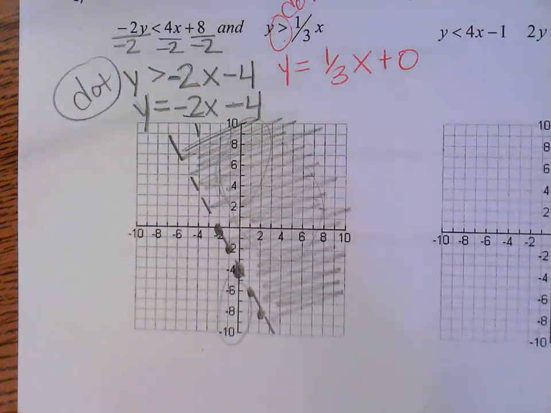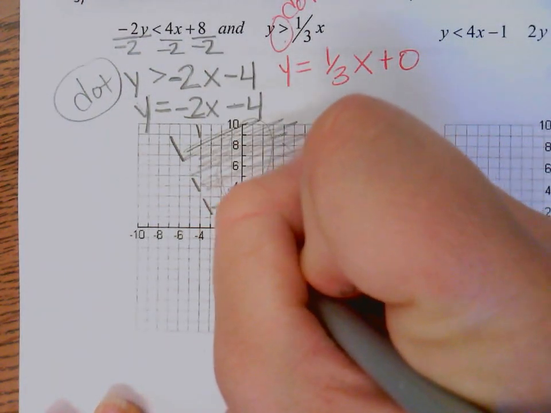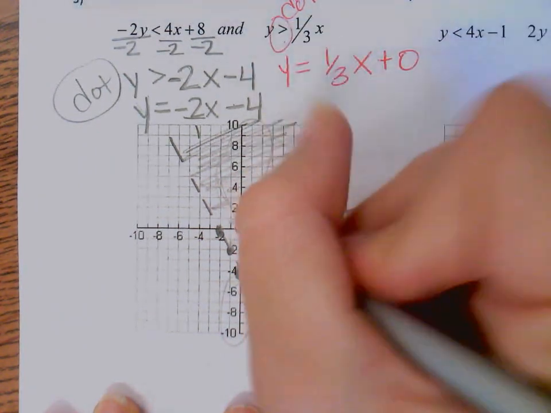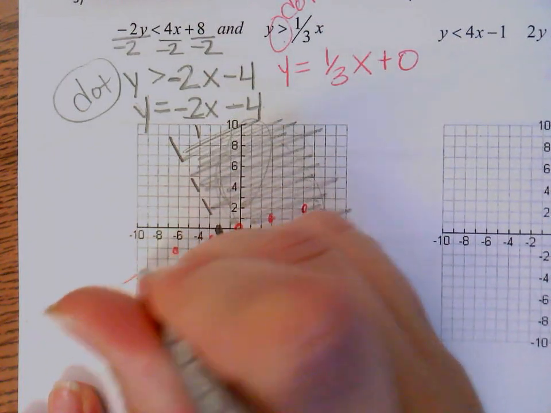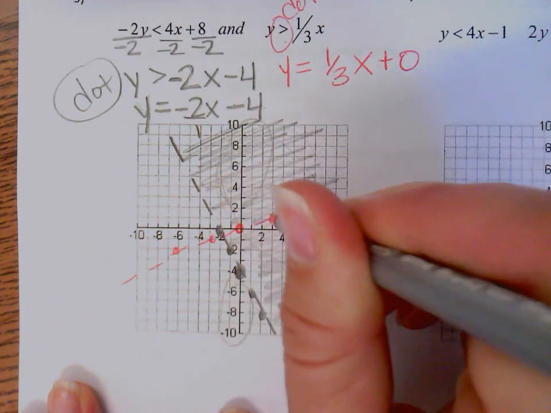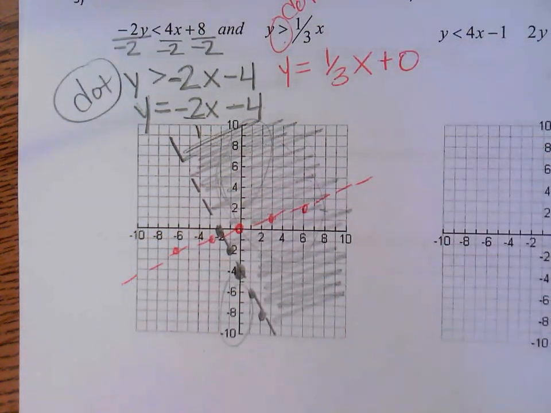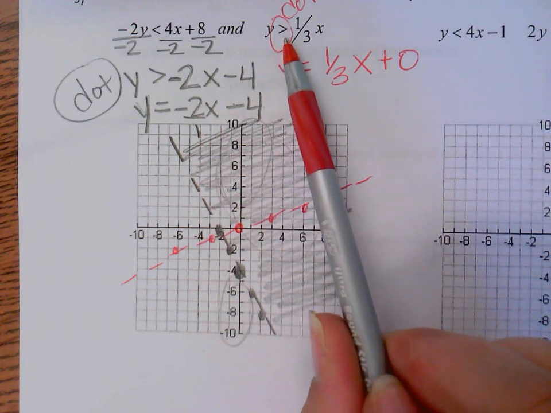All right. Next, I graph 1/3 as my slope. So I start at 0, 0, and I go up 1 over 3, down 1 over 3, dotted red line. And I have to decide if I'm going to shade that above or below. And it says y is greater than.